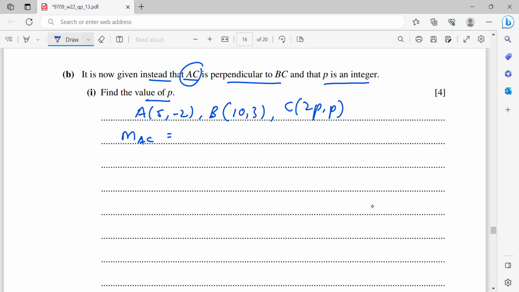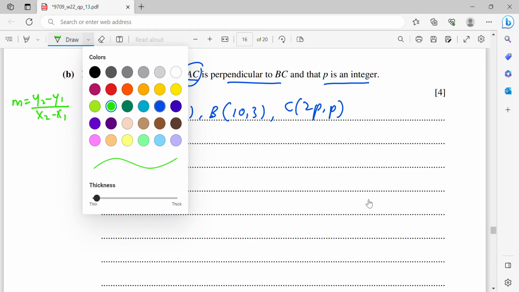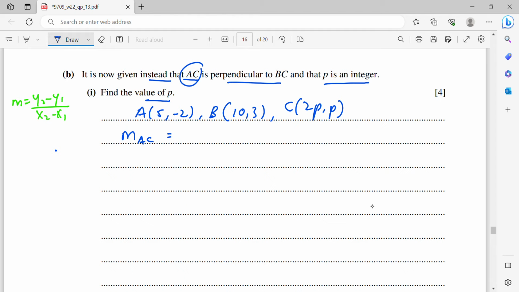So the gradient M is y2 minus y1 over x2 minus x1. That is the gradient formula. So now I will use 2p minus 5. Sorry, this is a y, not the x. So the y is going to be p minus minus 2 over 2p minus 5 by using this formula. Now simplify, it will be p plus 2 over 2p minus 5.